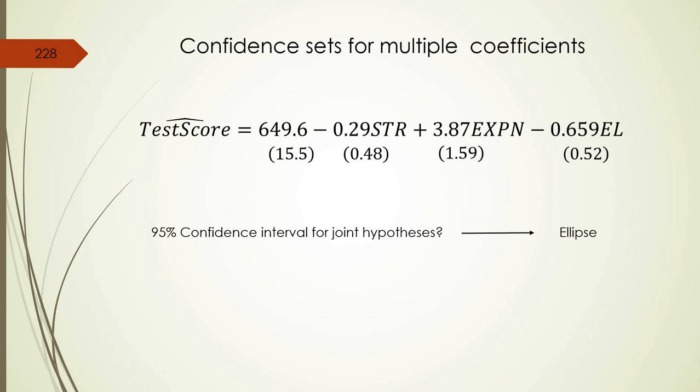So we need to make an ellipse if we have two coefficients, because we will have an entire area on the graph showing us in which part of the graph we can expect the values of our beta 1 and beta 2 coefficients in this case. For example, we already rejected the null that beta 1 for student-teacher ratio and beta 2 for expenditure are equal to 0.